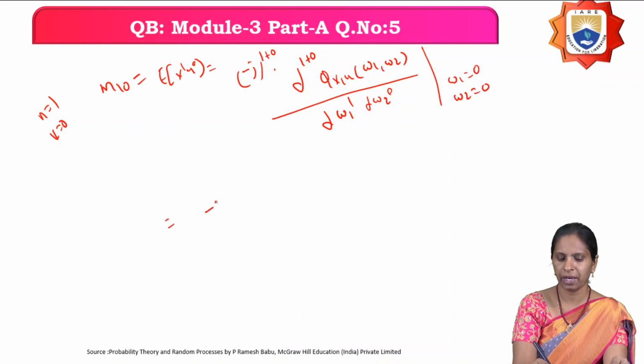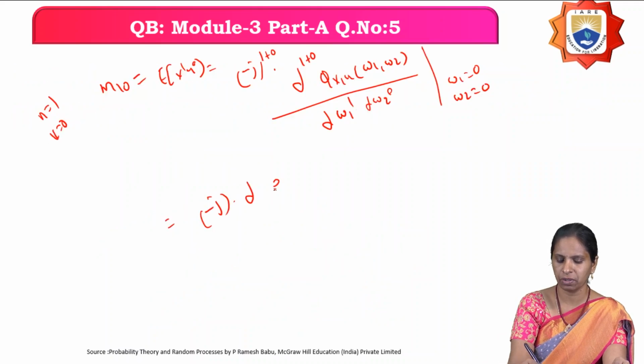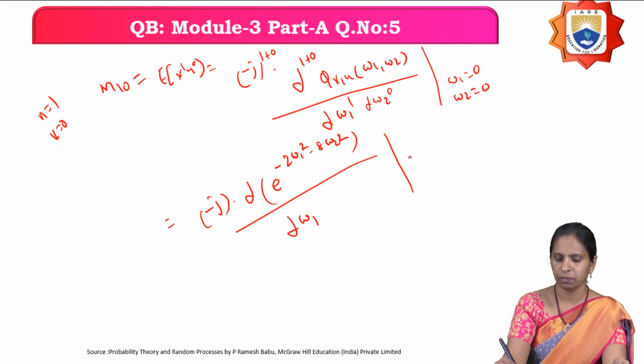That equals minus j into dou of the characteristic function, e power minus 2 omega 1 square minus 8 omega 2 square, by dou omega 1. After that, substitute omega 1 equals 0 and omega 2 equals 0.